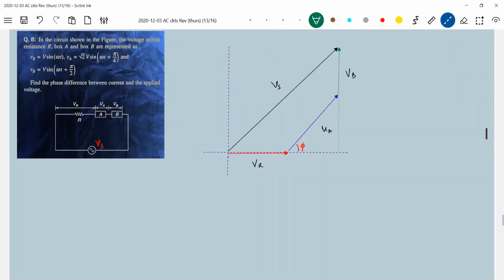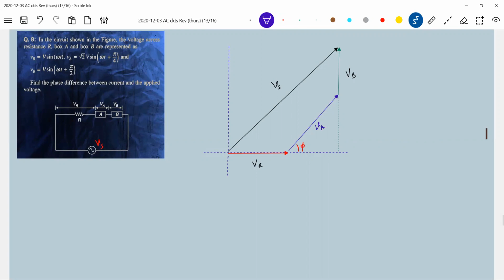Extend like this. So what can be this length? Let me draw the triangle.